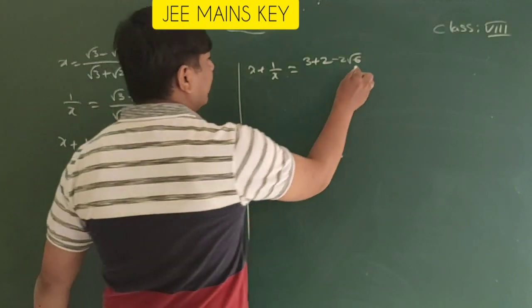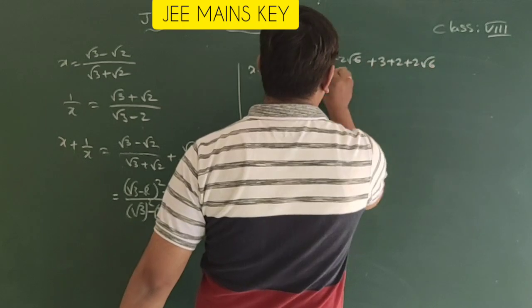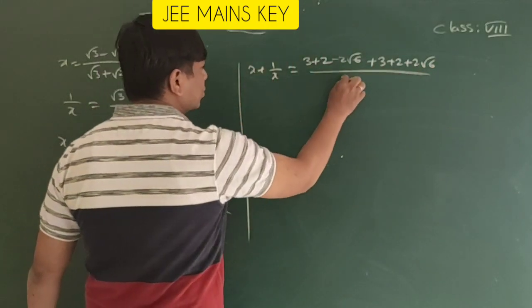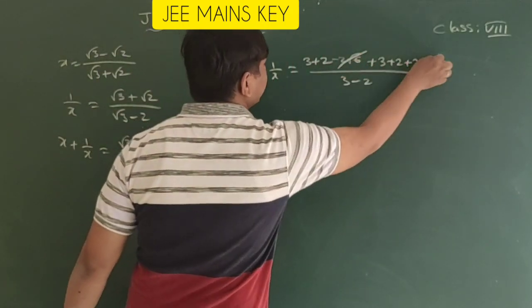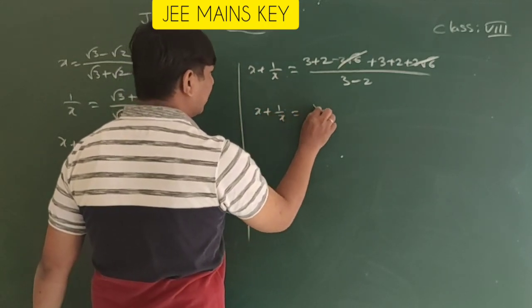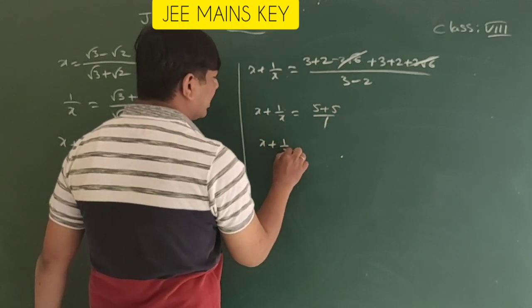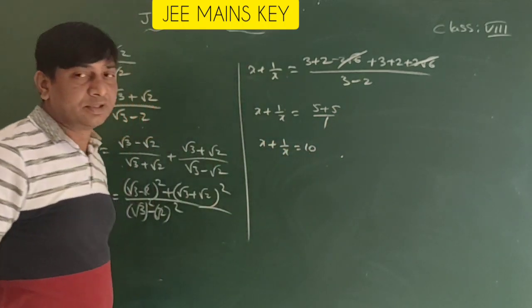In the same way here also, a square plus b square plus 2ab by 3 minus 2. 2 root 6 cancel. X plus 1 by x is equal to 5 plus 5 by 1. X plus 1 by x is equal to 10.